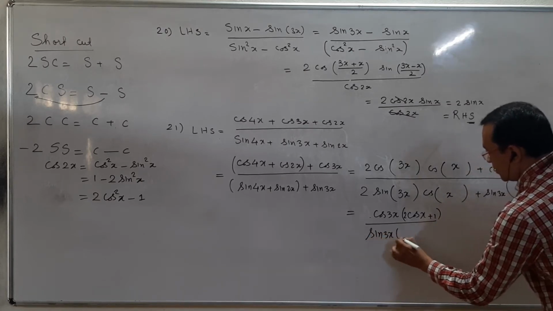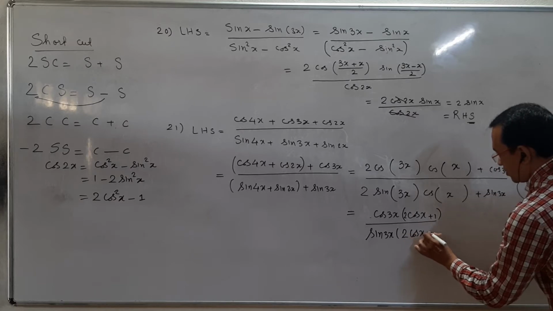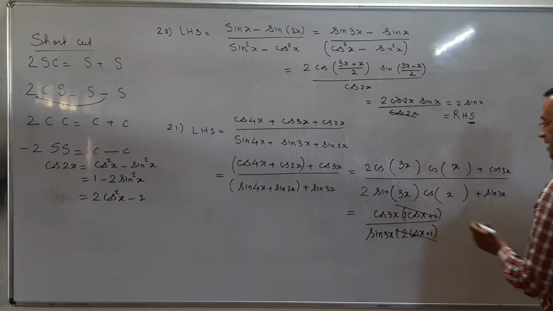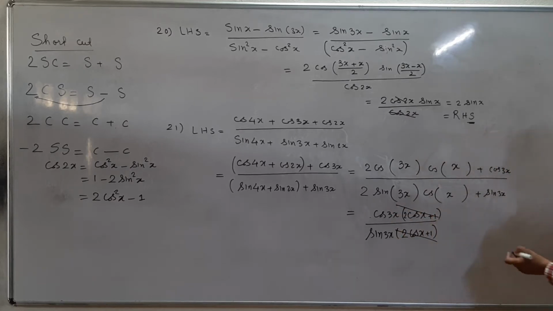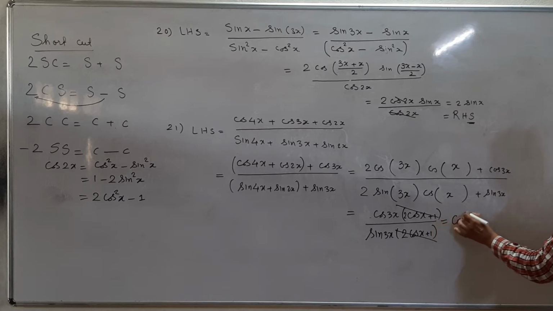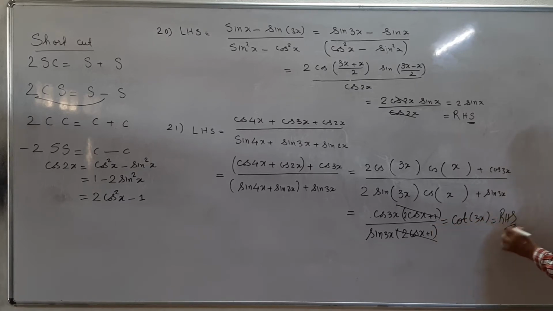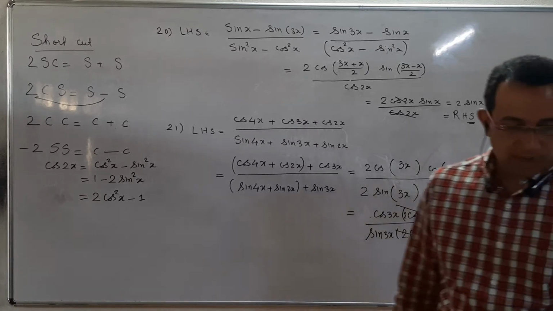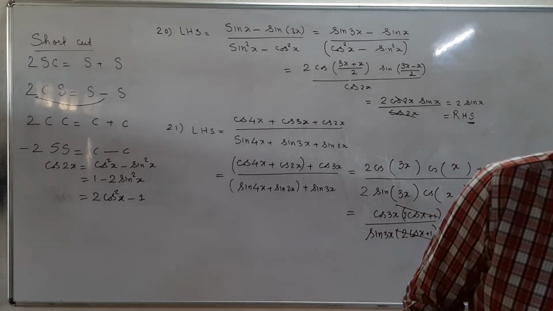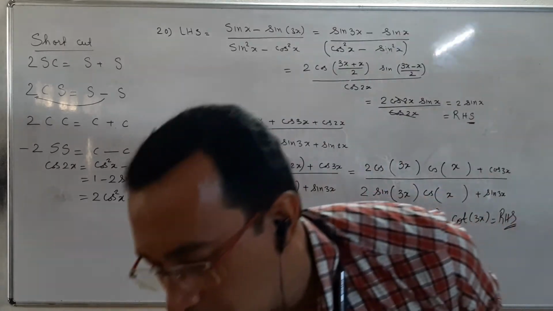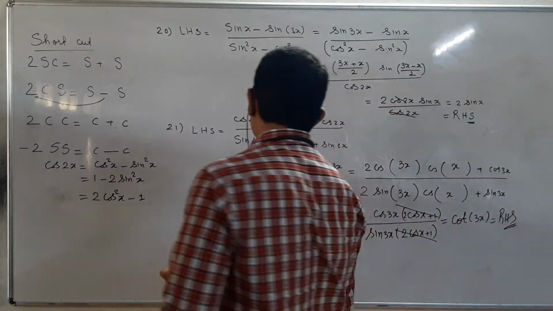So bracket twice cos x plus 1 gets cancelled. Cos of 3x upon sin of 3x is cot of 3x, and that is our RHS. We have to prove this as cot of 3x.